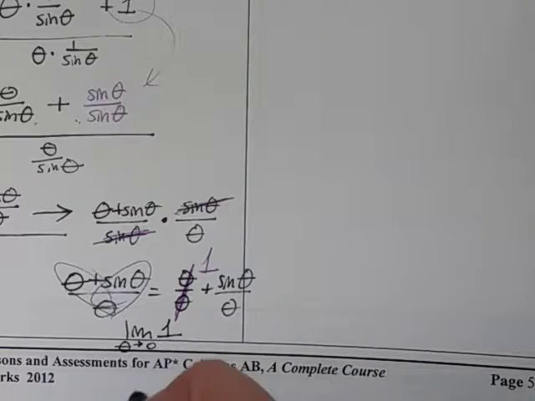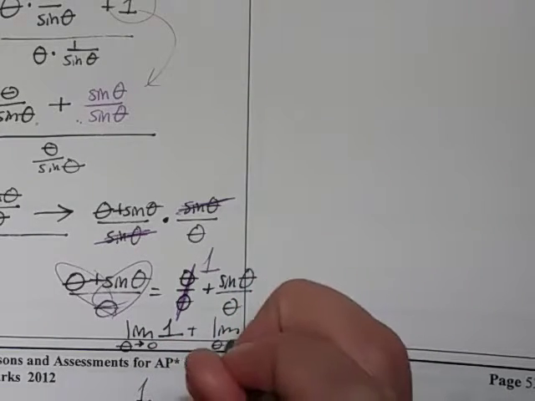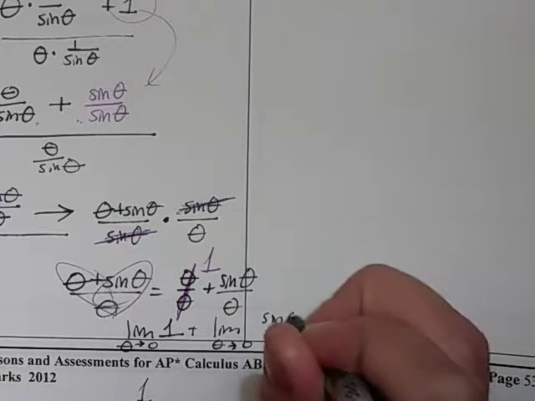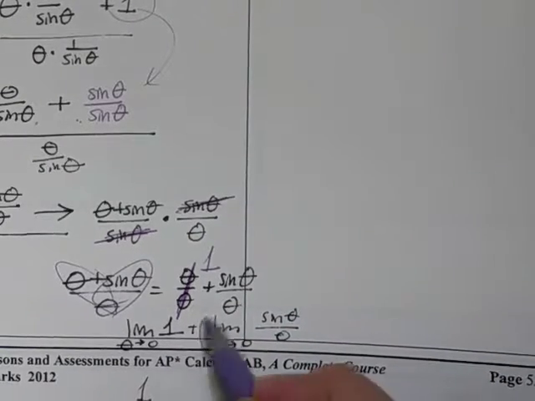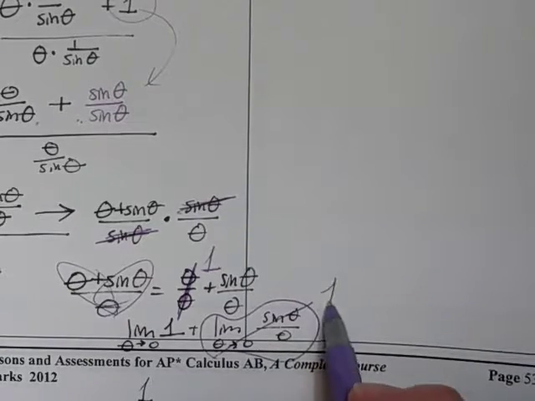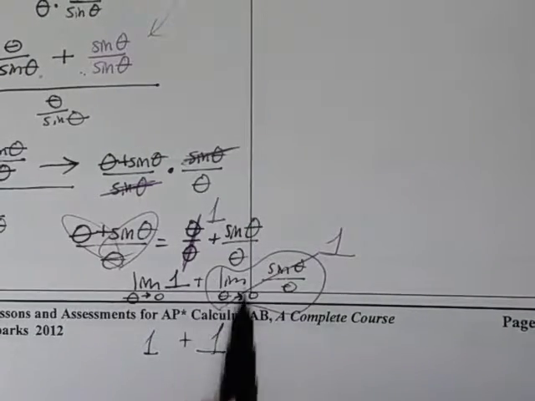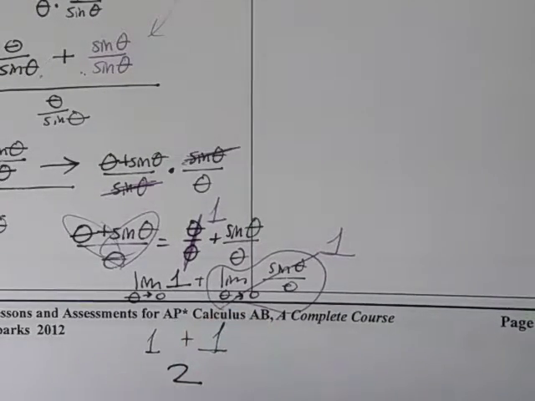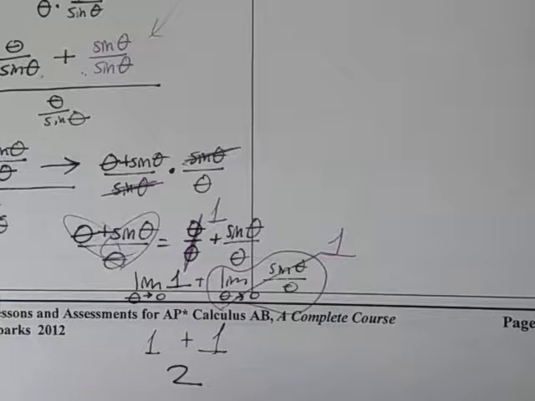We know the limit is just 1 plus the limit as theta is approaching 0 of sine theta over theta. And that whole shebang we recognize. We say it's just 1. So I have 1 plus 1. My final limit is 2. There we go.